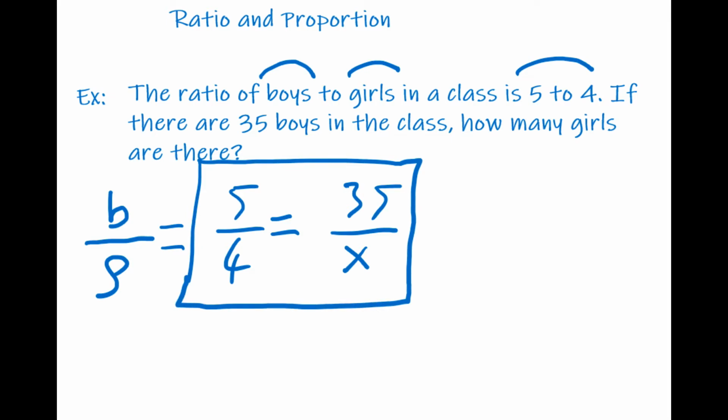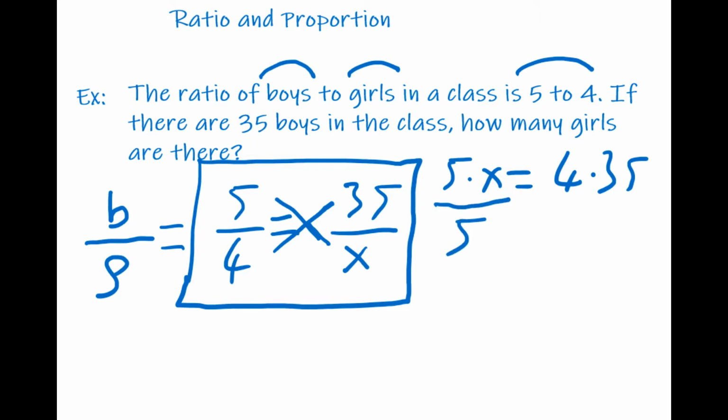Well, actually, we can find X in two ways. The first way is basically just apply the cross product or apply the first property that we just learned. And if you do it, we're going to have 5 times x, which is going to be equal to 4 times 35, guys. And in order to leave x alone, you need to divide both sides by 5. These are gone.